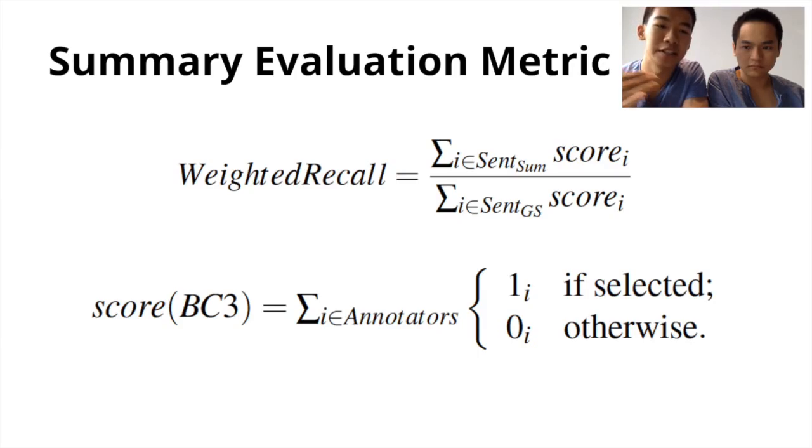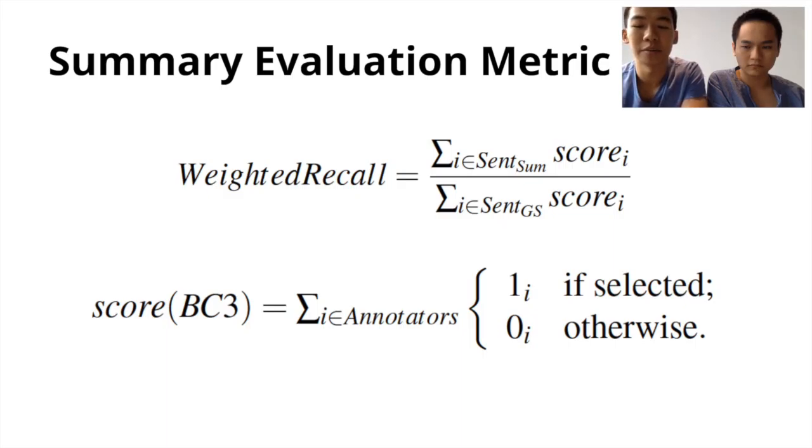And the larger the percentage is, the better our summary is. And the results we got were about 45% weighted recall compared to the paper, which was around 65%.